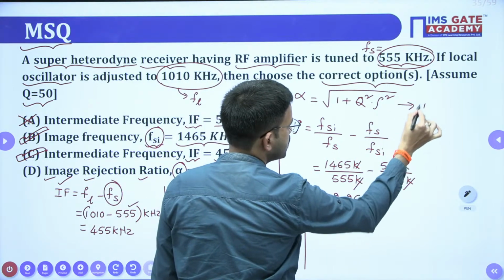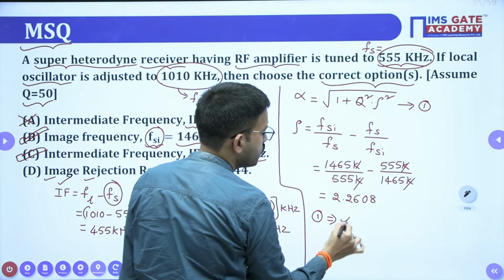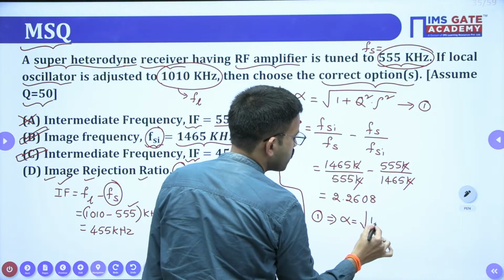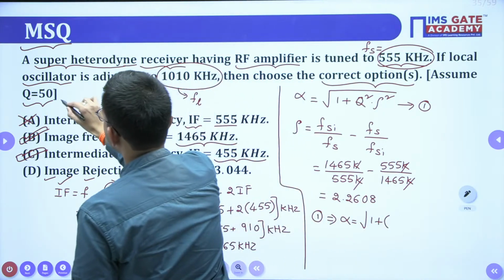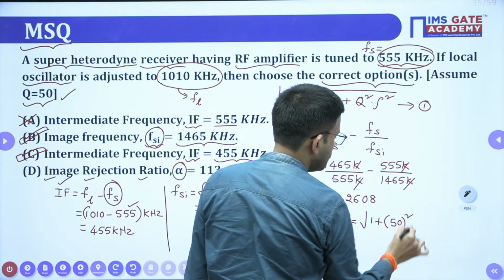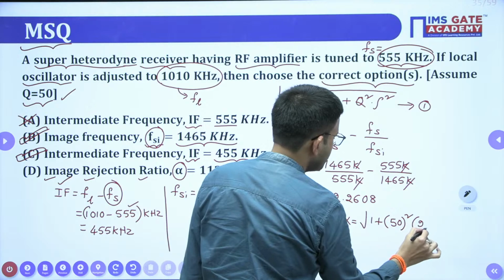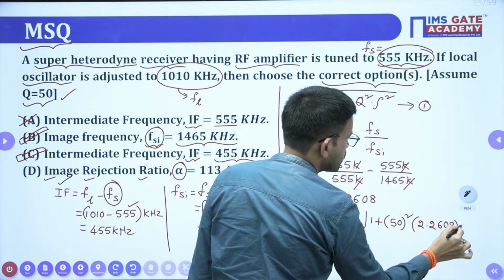I am assuming this equation as 1. Just substitute in that equation: alpha equal to square root of 1 plus Q value they have mentioned, it is 50, quality factor value is 50, square, into rho value just now we got, 2.2608, whole square.